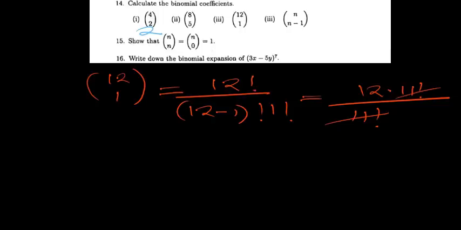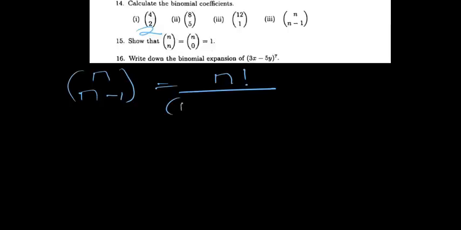And then for the last one on that question, we have n choose n minus 1. That's the same as n factorial over (n on top minus the r value, n minus 1) factorial, and then the same r, n minus 1 factorial.